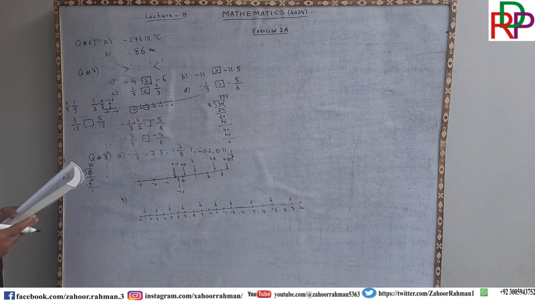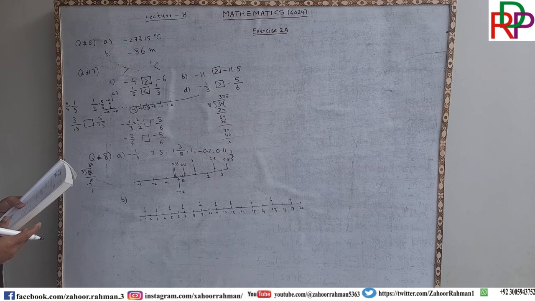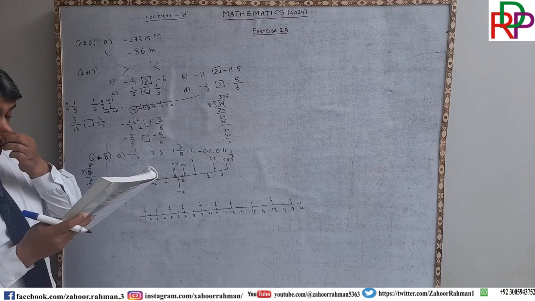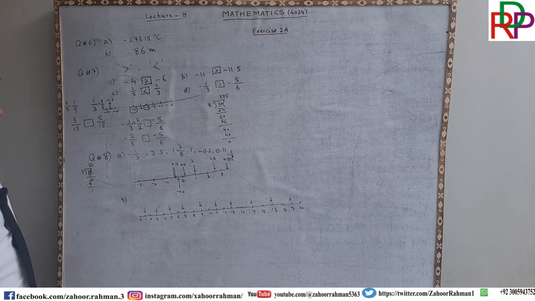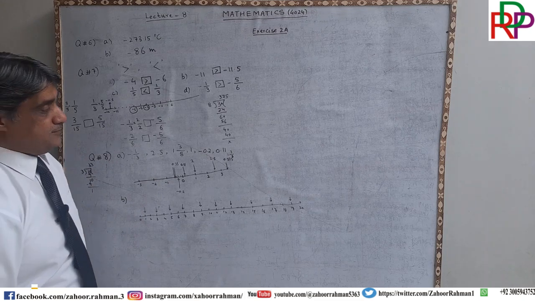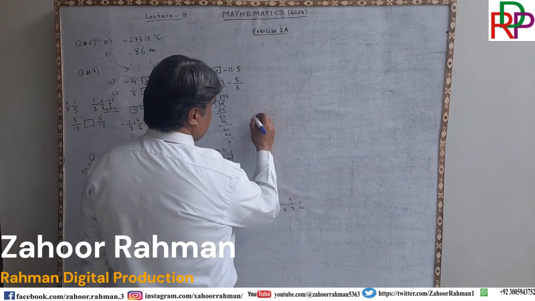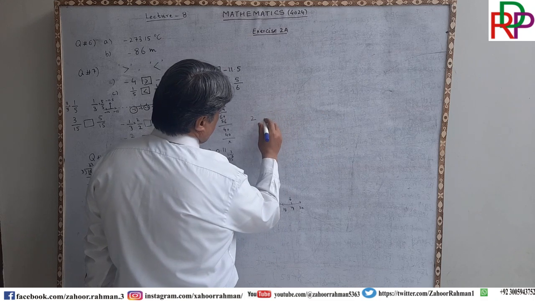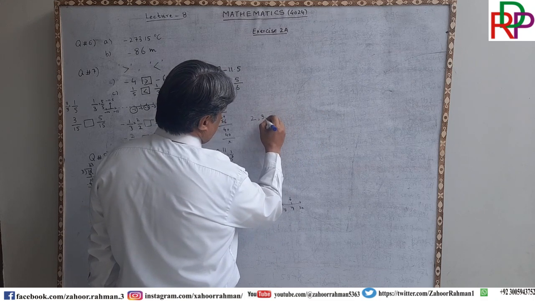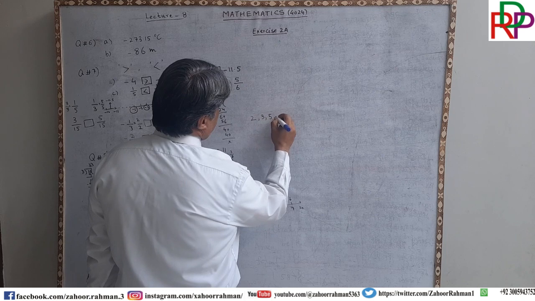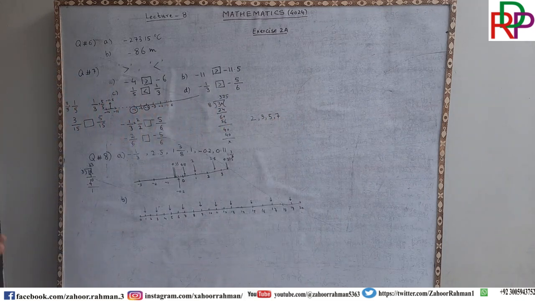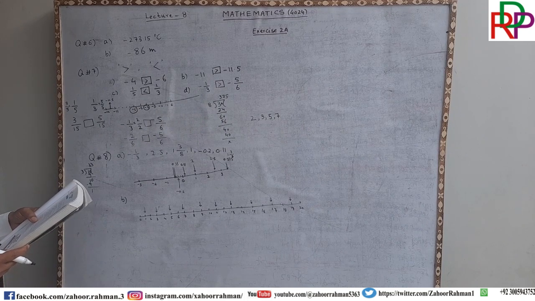Now the C part is saying prime numbers more than or equal to 2 but less than 10. First of all, let us list the prime numbers between 2 and 10. 2, 3, 5, 7. These are the numbers because 8 and 9 are not, and they are saying less than 10.